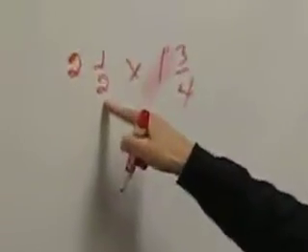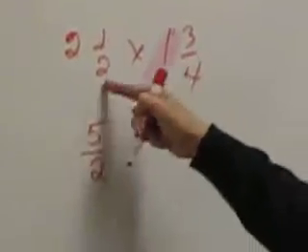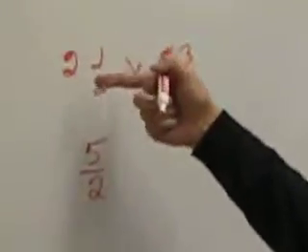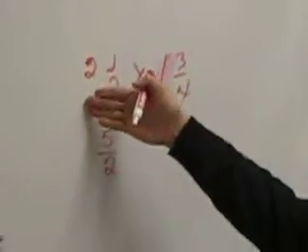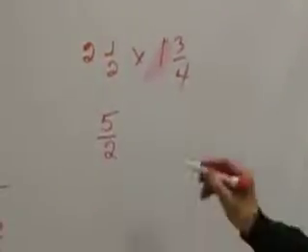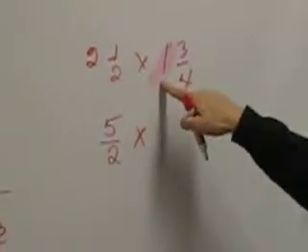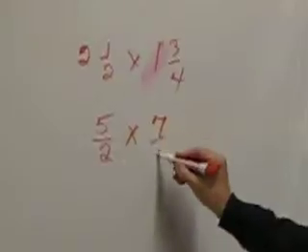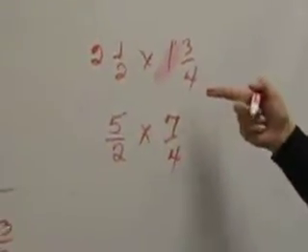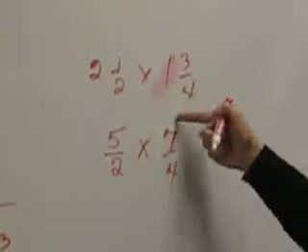So 2.5 would be the same as 5/2: 2 wholes, each whole has 2 halves, 2 halves plus 2 halves plus 1/2, 5/2. The 1 3/4, the 1 whole has 4/4 plus the 3/4 gives me 7/4. The quick or algorithmic way is simply to go 4 times 1 plus 3 over your denominator.